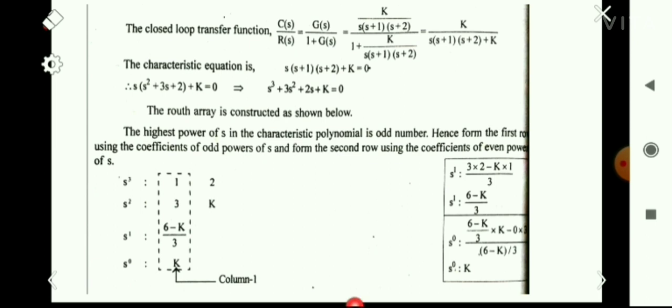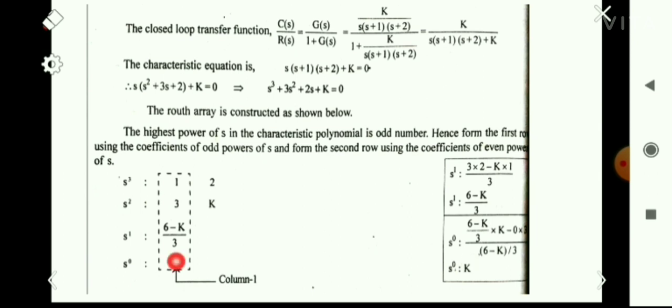For finding s raised to 1, we know that (3 into 2 minus 1 into k) divided by 3, so it becomes (6 minus k) by 3. And s raised to 0 can be found using ((6 minus k)/3 into k minus 3 into 0) divided by (6 minus k)/3. So (6 minus k)/3 is cancelled here, and you will get s raised to 0 as k.